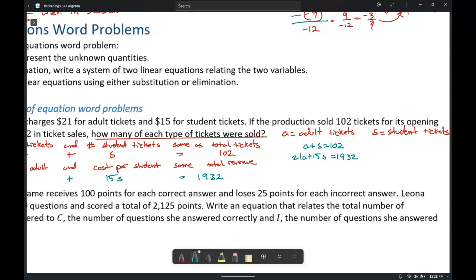I'm going to use elimination method, but you can use whatever method you want to find your solution.